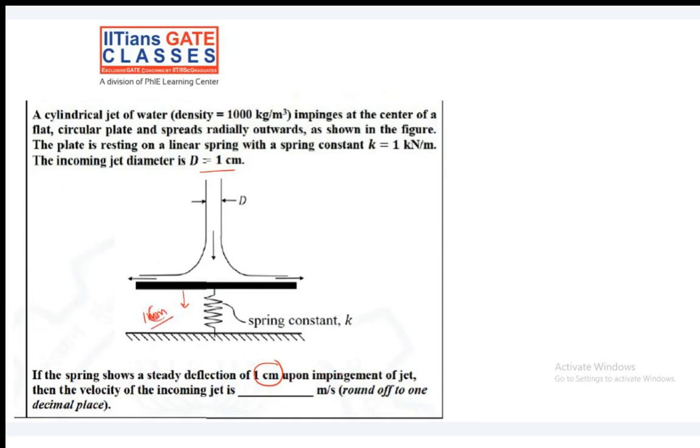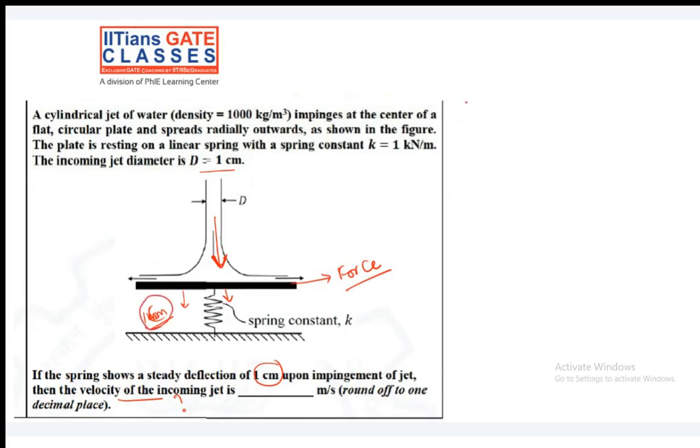Then it asks you to find out the velocity. So it's again very simple. When the jet strikes, there is some force upon the plate, and since it is attached to a spring, that force is transmitted to the spring, and the spring is deflected by 1 centimeter.